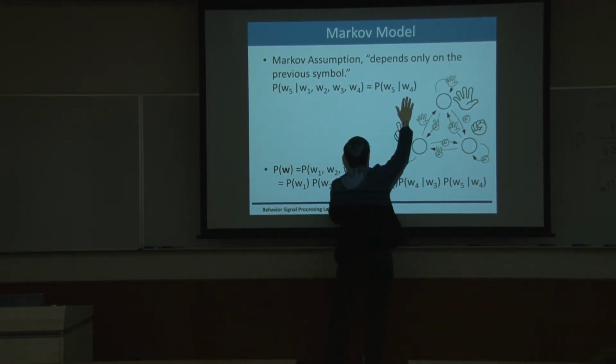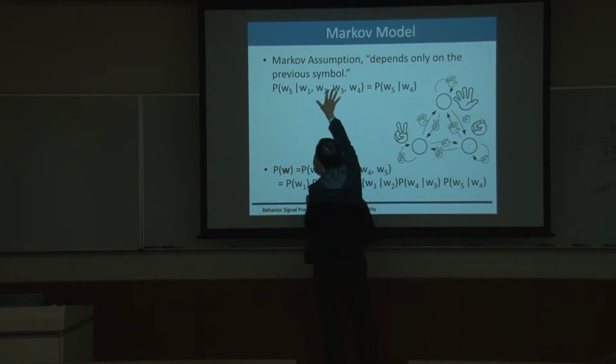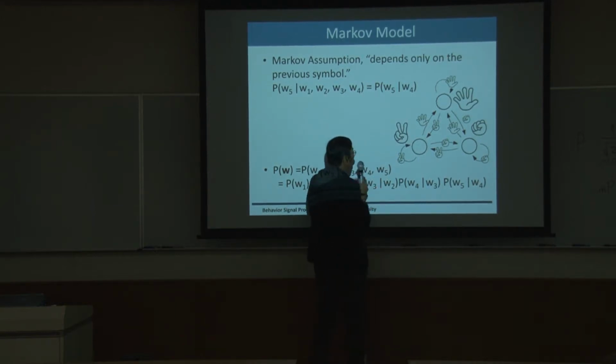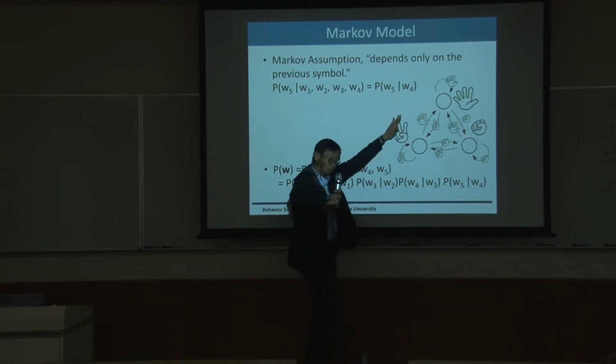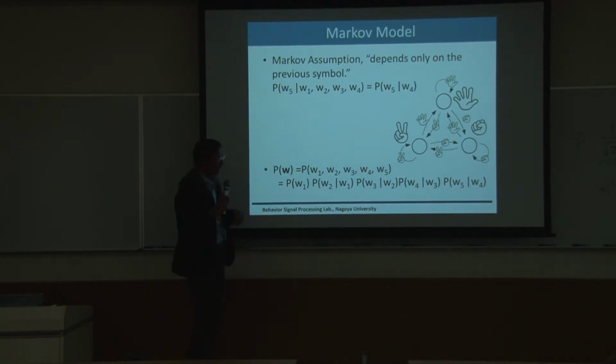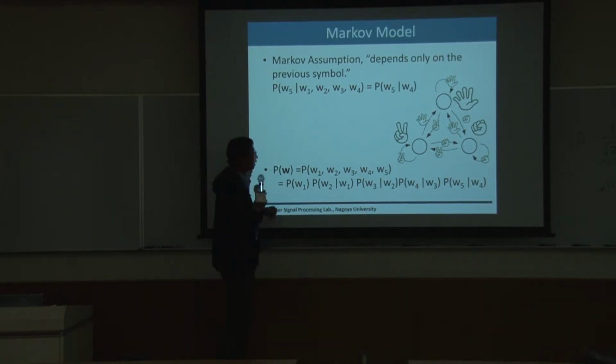So we replace this long history probability with a very short history probability: go follows word 2. That is, of course, a simplification and approximation.